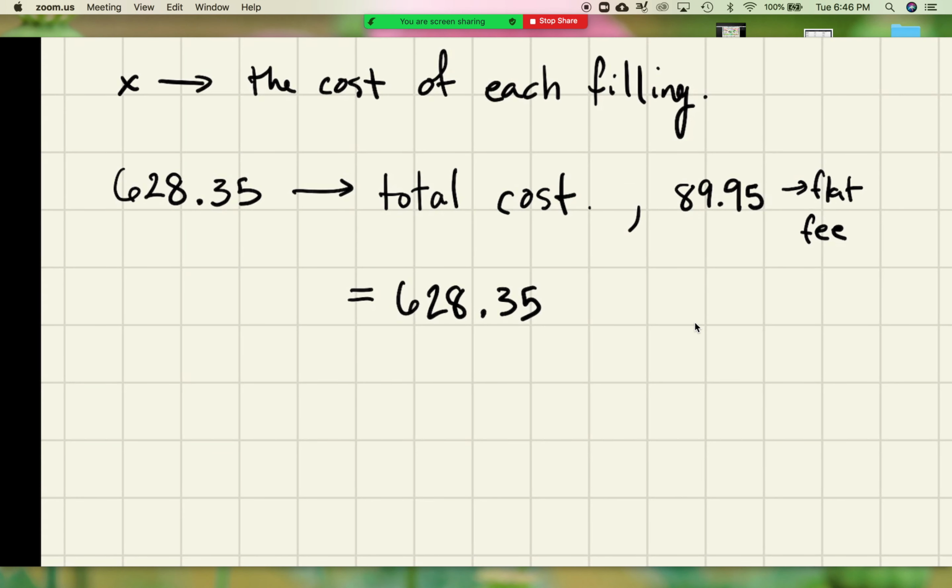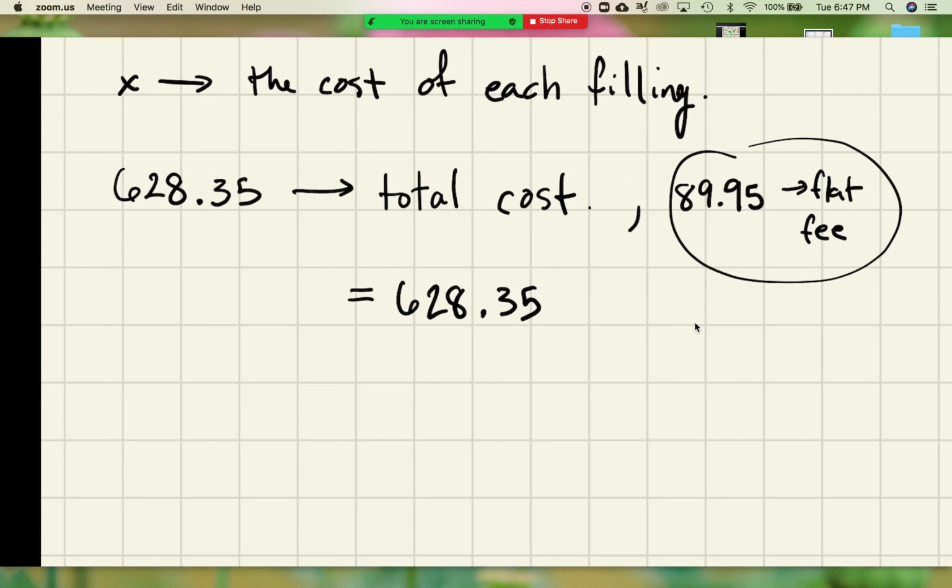All right, so just reading that first part, we figured out that x is the cost of each filling. 628.35 is the total cost, so that's my hint that there's probably going to be an equation where there's something over here and it equals that amount. And then 89.95 is the flat fee.